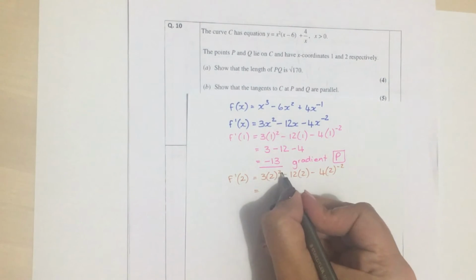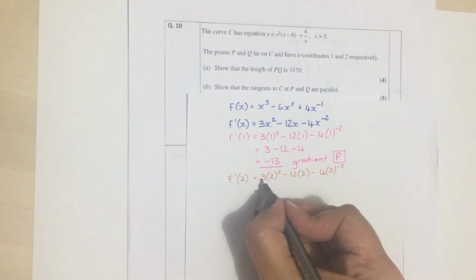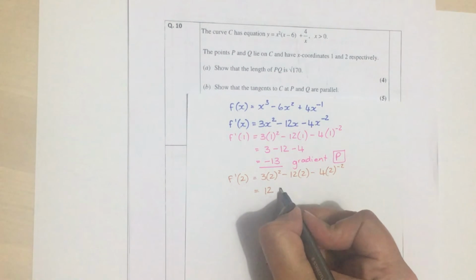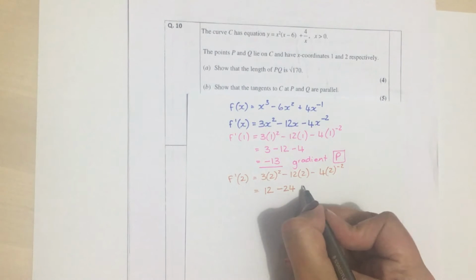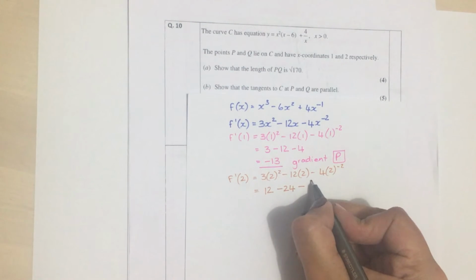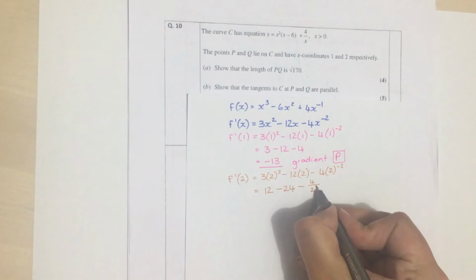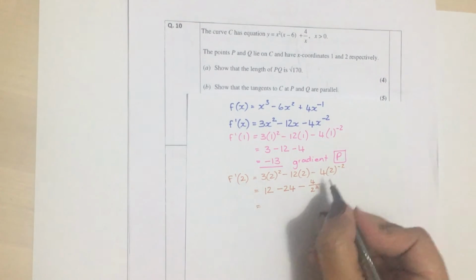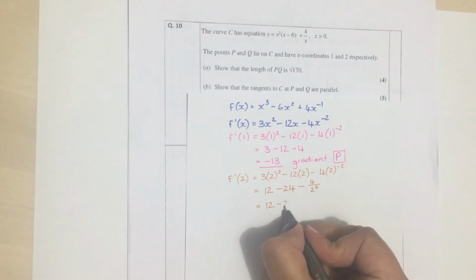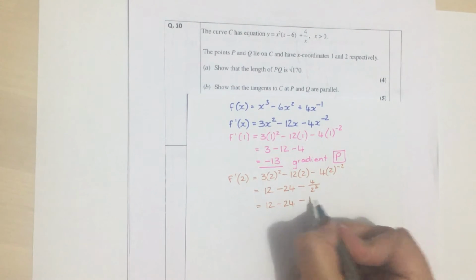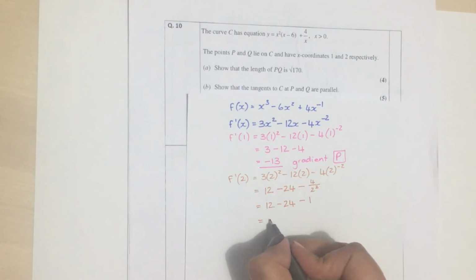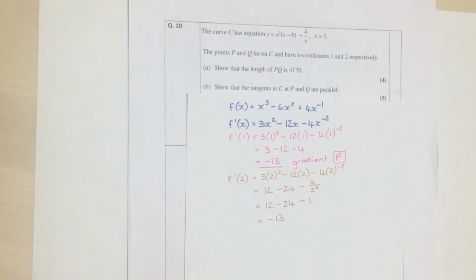Okay, 2 to the power of 2 is 4, times 3 is 12, minus 12 times 2 is negative 24, minus, and be very careful here, that negative only applies to the 2, so it basically means 4 divided by 4 is 1, so 12 minus 24 minus 1. 12 minus 24 is negative 12, minus 1 gives you negative 13.